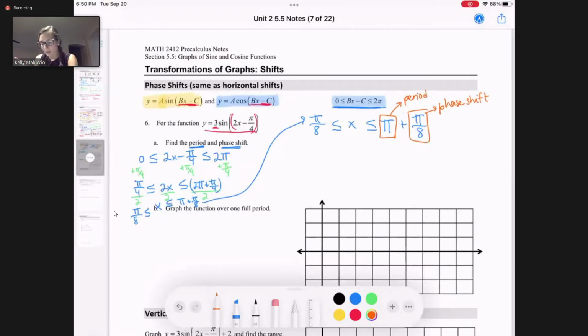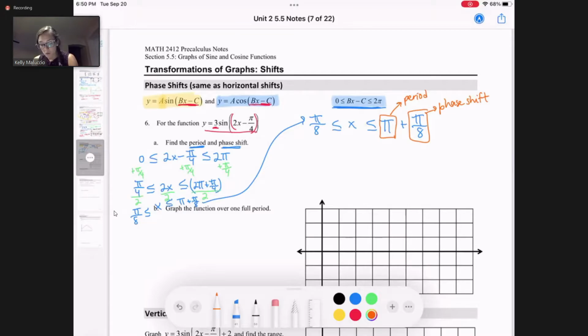So stay with me. If we keep these separate, the cool thing is our period and our phase shift are separate. But I combined it all at once and had to separate again at the end, which is not smart.